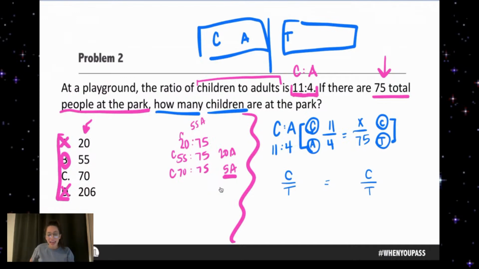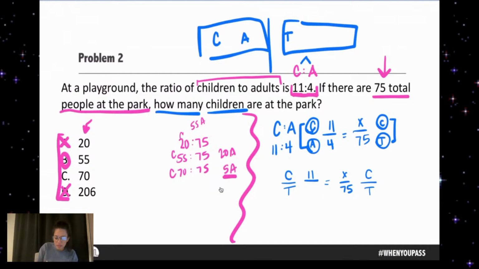So that said, if I'm doing children over total, then I have 11 over question mark, we will get there in a minute, equals x over 75. What is the total number of people at the park within that ratio? 11 plus 4 is 15.